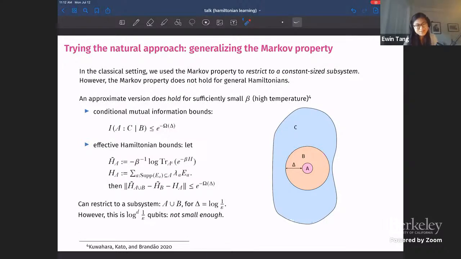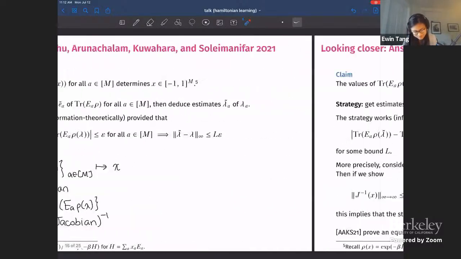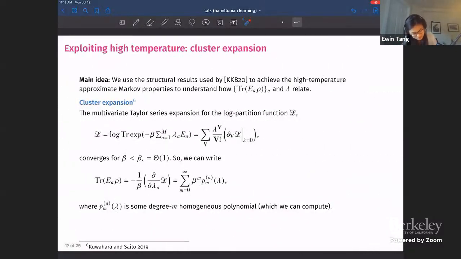We basically use a similar analysis. One of the key ideas of this work is using this cluster expansion that I mentioned, which I think comes from a paper of Kuwahara and Saito.